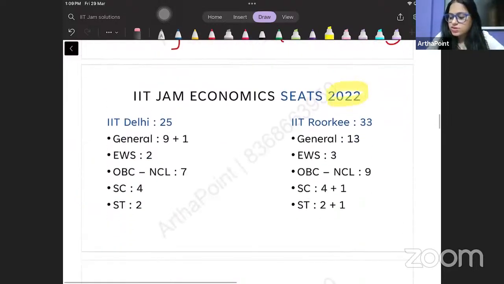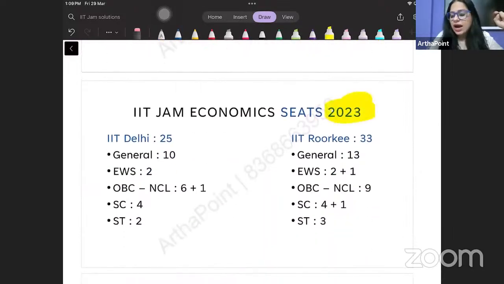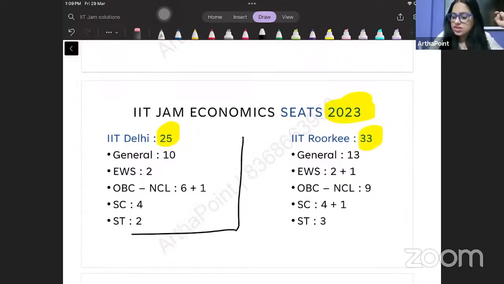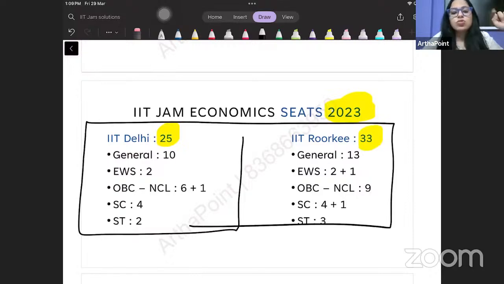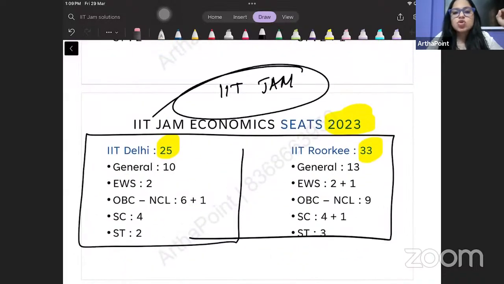So even in 2022, IIT Delhi 25 seats, IIT Roorkee 33 seats. Even in 2023, IIT Delhi 25 seats and IIT Roorkee 33 seats, right? So this is the seat distribution for the two IITs that take direct admission on the basis of IIT JAM score.